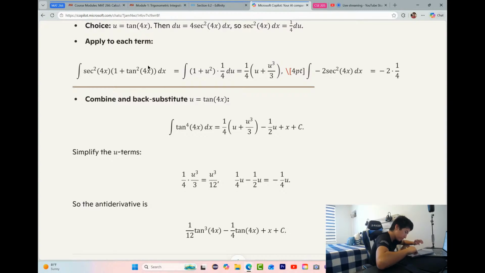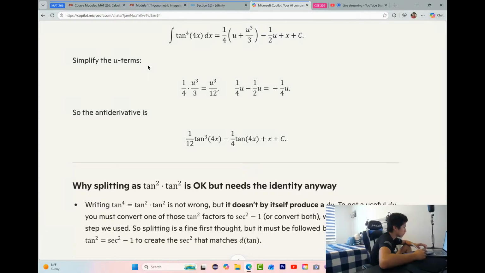What is u? Tangent of x. This is correct.